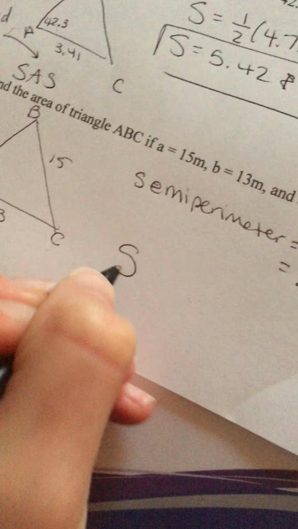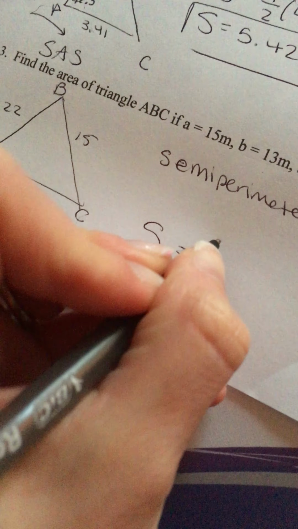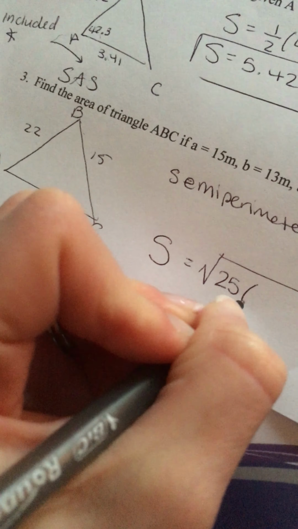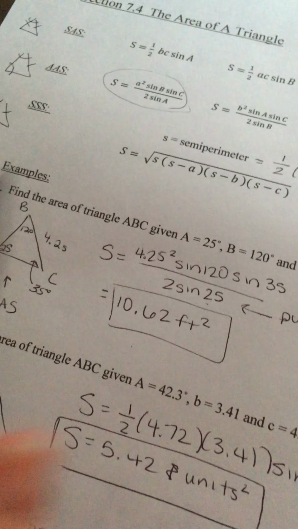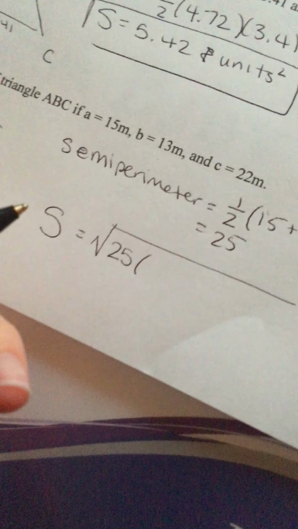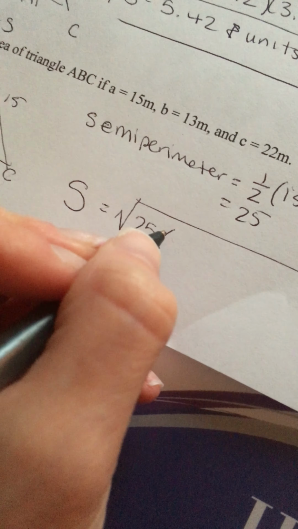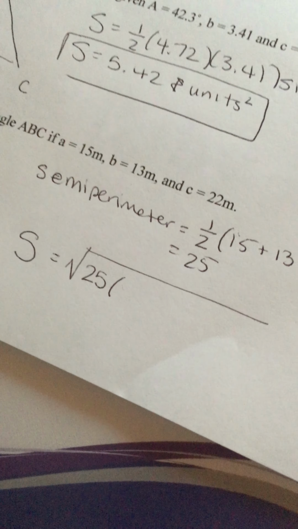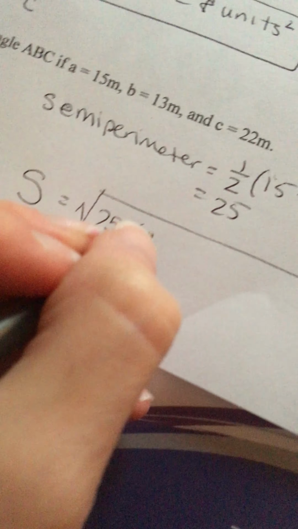All right, now our area is going to be the square root of this 25, and then all that we do is we subtract each side from the semi-perimeter. It doesn't matter what order you go in, it always has to be the semi-perimeter minus the side, because otherwise you might get a negative number and we can't be having that.